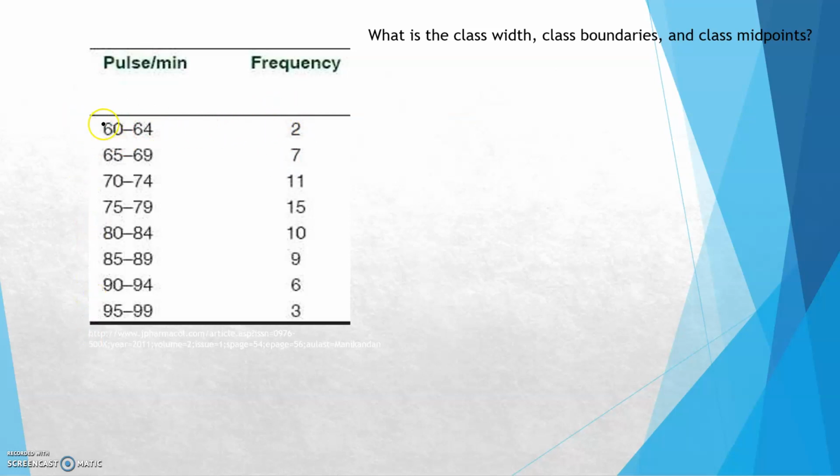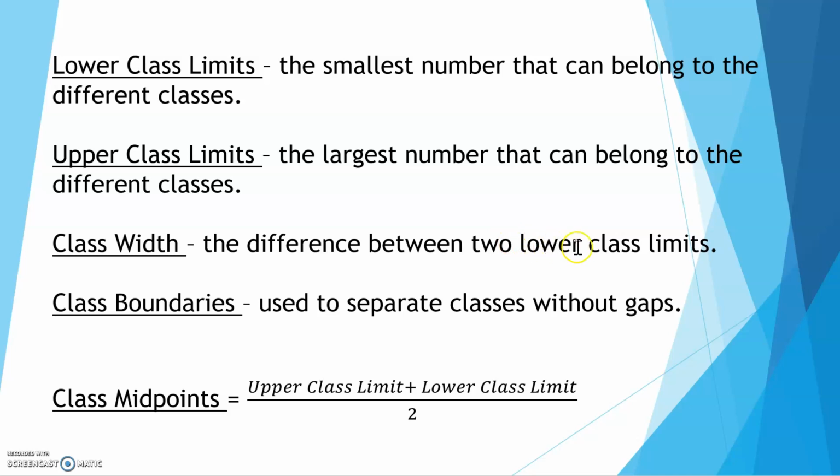Okay, if we look at the first numbers here, those are the lower class limits. Whereas these numbers right here would be the upper class limits. Now the difference between two adjacent lower class limits, two that are right by each other, is what you call the class width.